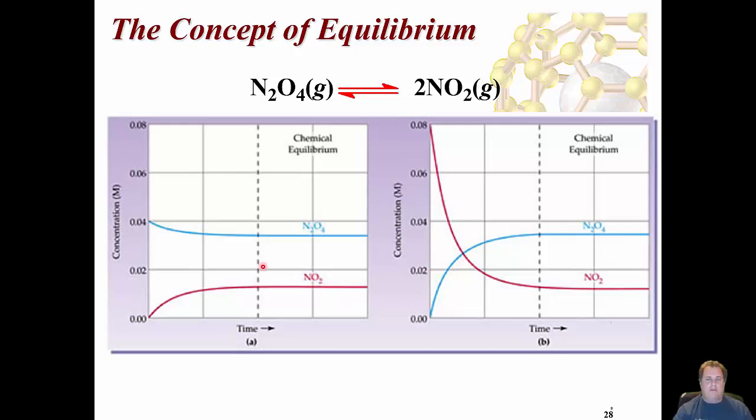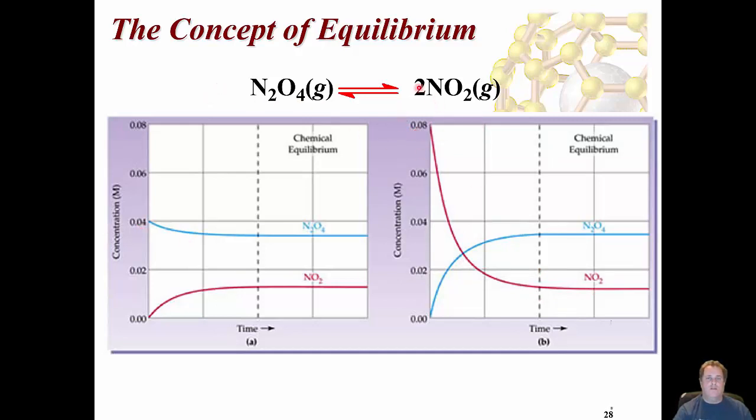We though can reach the same point, and the math there is something beyond where we'll be. But if you started with 0.08 of the NO2 and 0 of the N2O4, you're actually going to come to the same equilibrium point. And you'll notice that that's 0.04, that's 0.08.